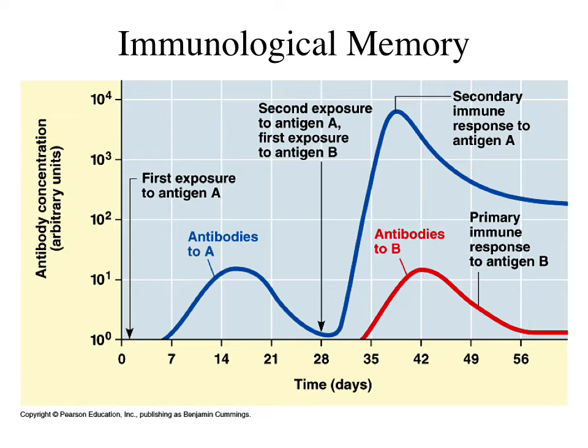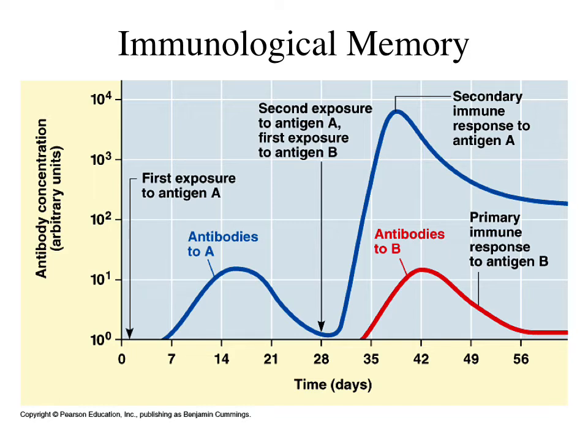So that's what we see in this figure. At the bottom, we're just looking at time, and then we're looking at antibody concentration along the y-axis. And just look at the blue line first. So there at time 0, that's when the host is exposed to antigen A. Now remember, the adaptive immune response takes a while.